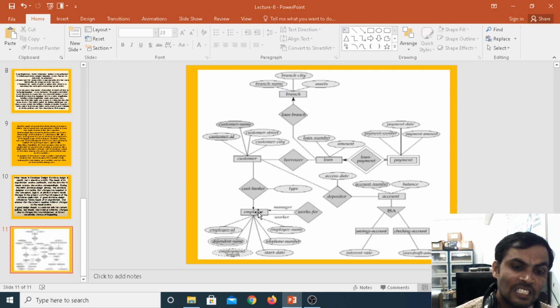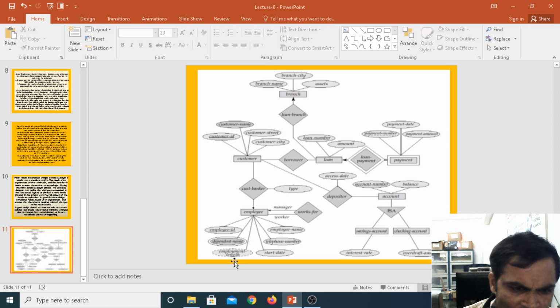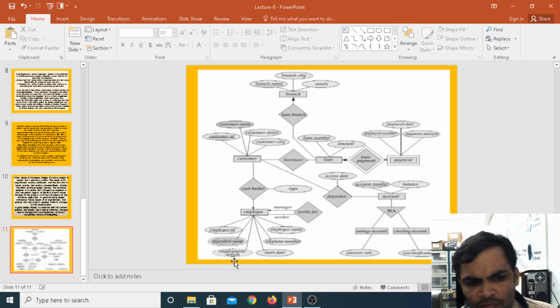It is defined with the help of the descriptive attribute. Under the employee entity, we have employee ID, depositor name, employee starting date, telephone number, and employee name. These are the attributes.